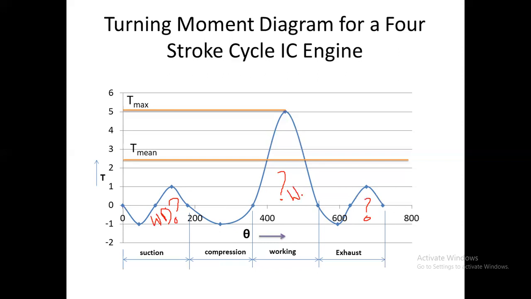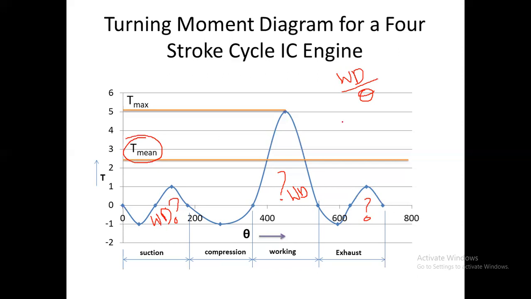If I divide this work done per cycle by the crank angle, that will give you T mean, that is, the mean torque.